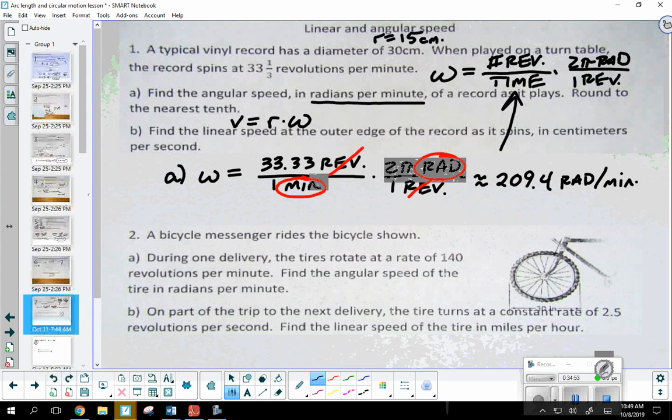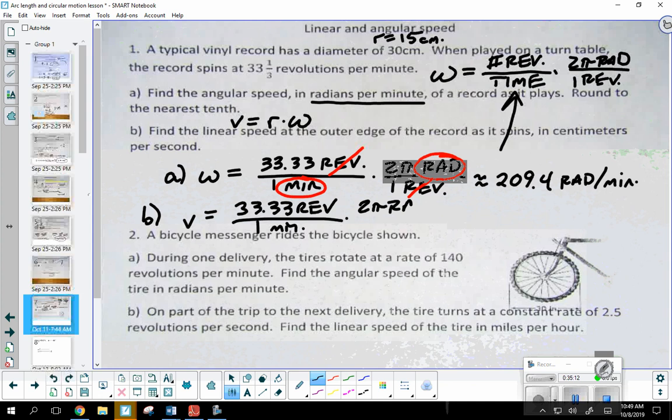If I want V for part B, I'm just going to go ahead and write it out because, again, I want you to see what we're going to do. I'm going to take the angular velocity, the 33.33 revolutions in 1 minute times 2 pi radians in 1 revolution. This right here gives me my angular velocity.